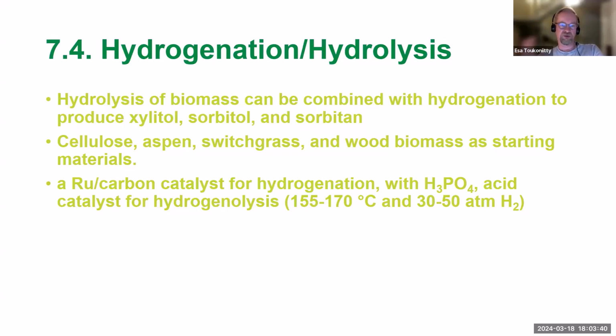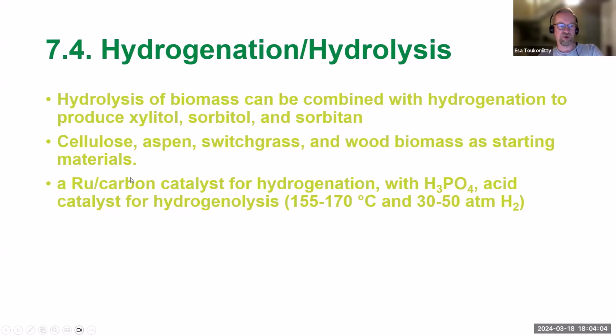So you combine two different methods in the same reactor vessel, and you can also get useful products that way. So you make the hydrolysis, but you add hydrogen into the mixture, hydrogen gas, and also a hydrogenation catalyst. So this we went through last time.